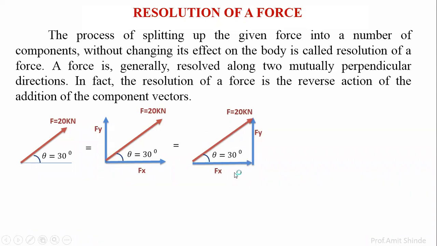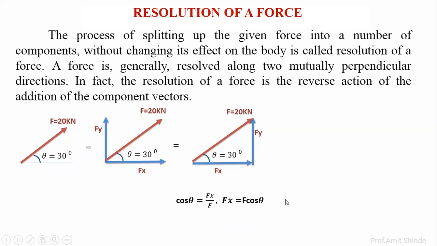Now in this figure, cos theta is the adjacent side upon the hypotenuse. The adjacent side is Fx, and the hypotenuse is F. Therefore Fx upon F is cos theta. From this I can calculate Fx, which is F cos theta.